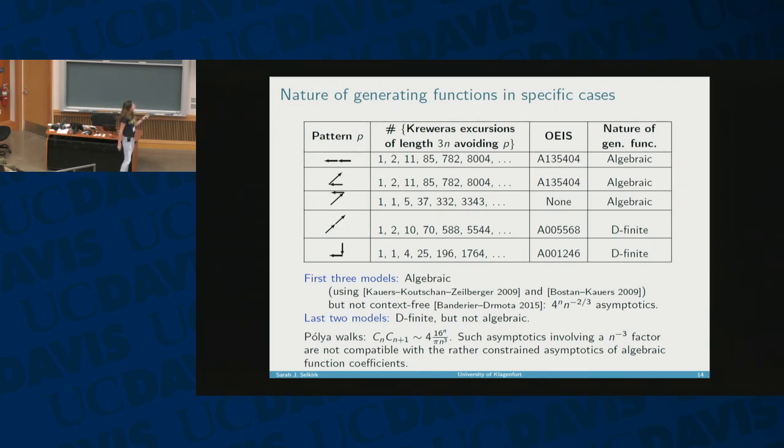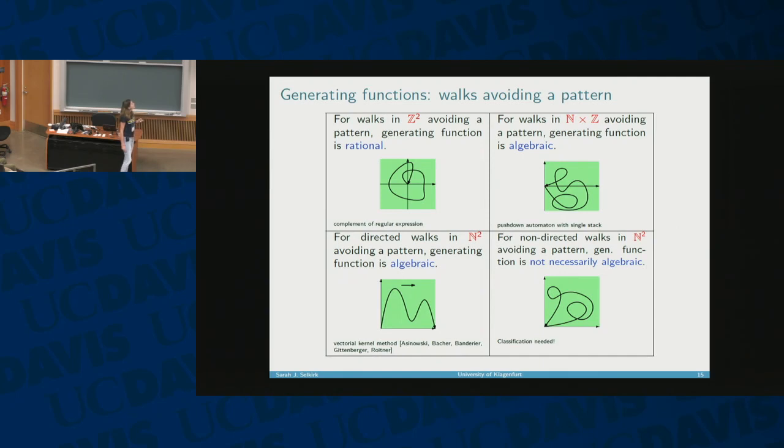Okay, and so what has already been done is that for avoiding a pattern in a completely unrestricted region, the generating function is rational. For avoiding a pattern in a half plane, the generating function is algebraic.